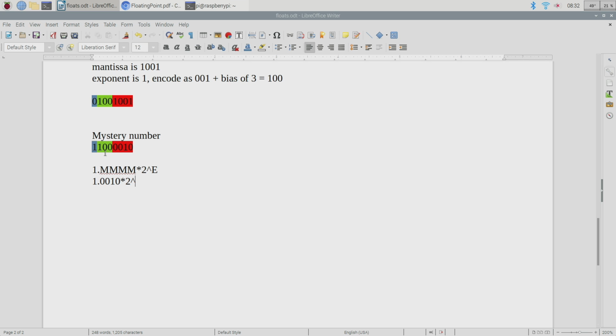So why did I subtract this time where I added before? Exactly, I'm going backwards. When you're encoding, you do one thing; when you're decoding, you do the other. Is that all right? So my exponent looks like 4, but really is a 1.